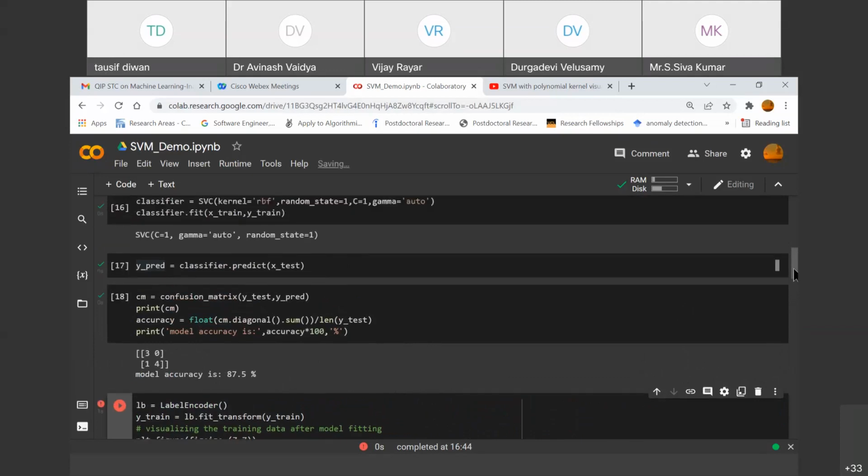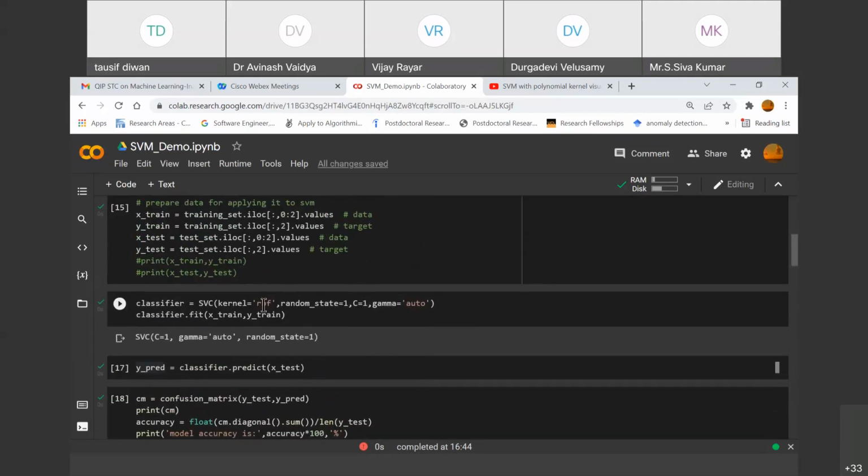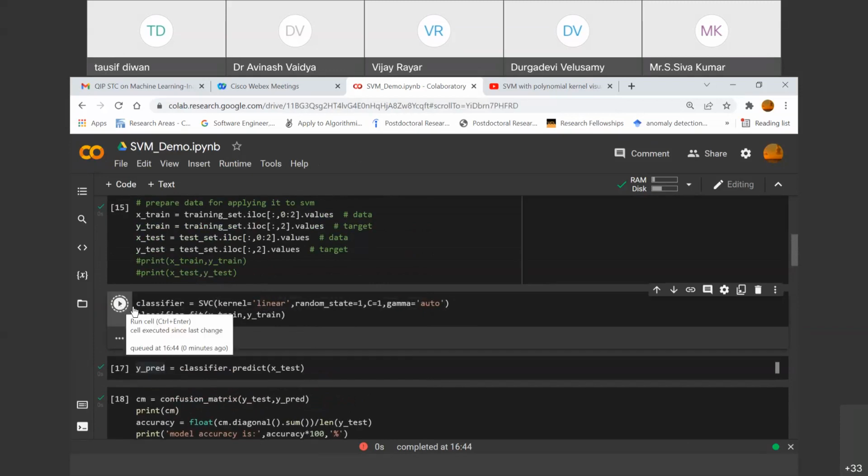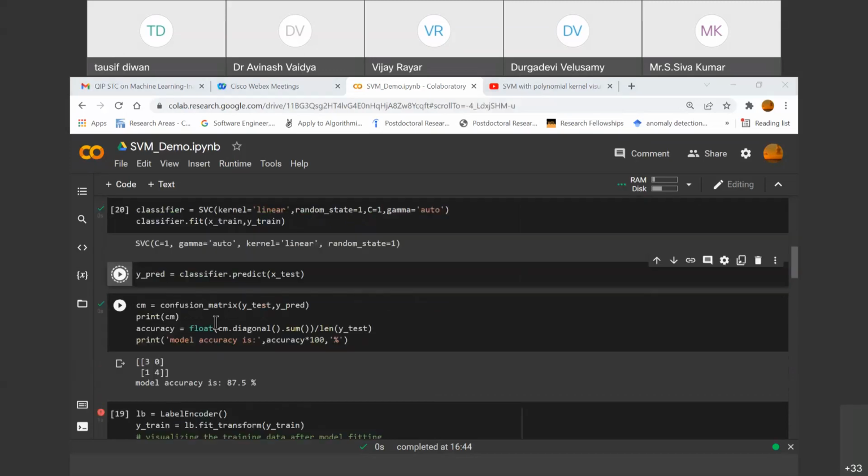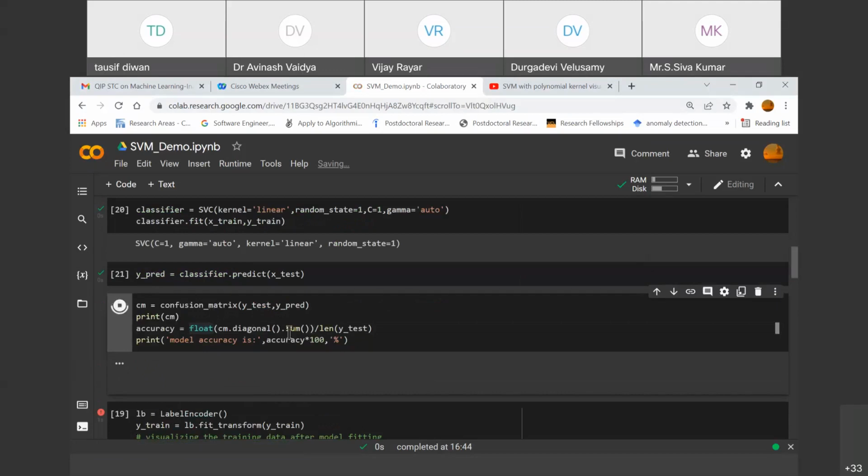We can test one more thing: instead of using the RBF kernel, we can use a linear kernel. After that, we once again run this cell.